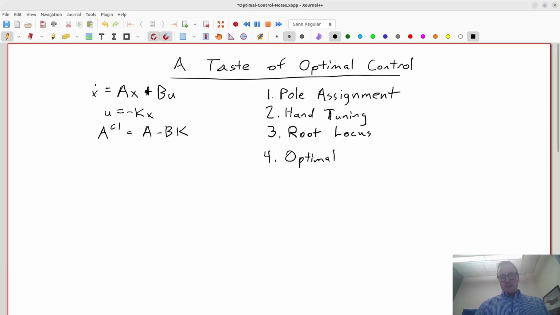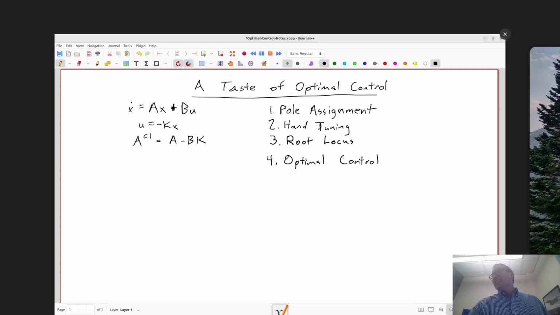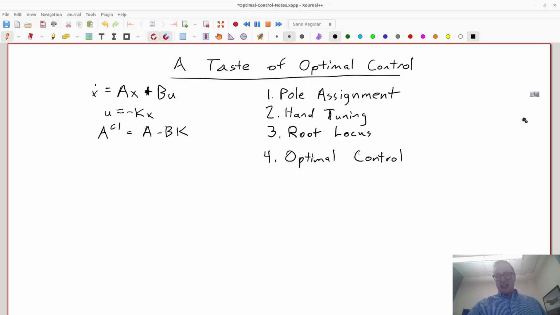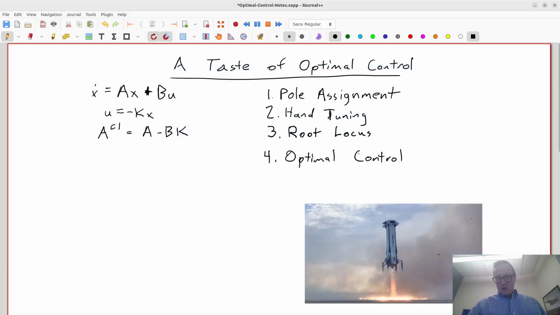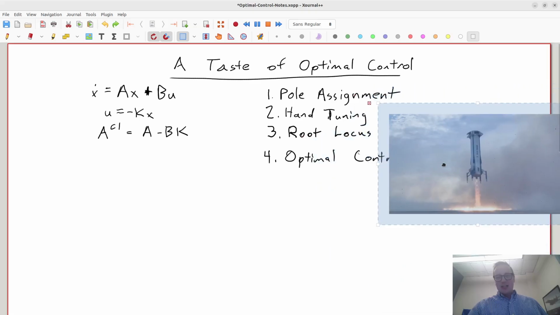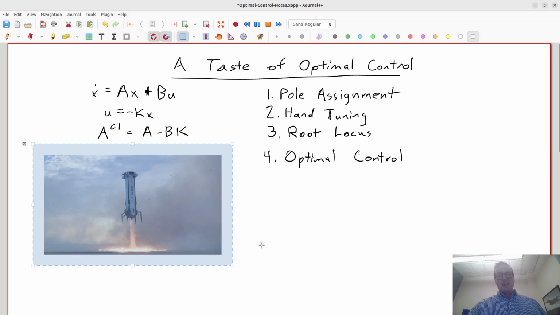And this is a pretty powerful technique if you want to do something like land a rocket booster, like Blue Origin is doing in this picture, where you have some very important constraints, like you can't crash, you can't hit the ground, and you want to calculate precisely what the control should be to accomplish this. Then you're going to want to use techniques from optimal control. And these are the kind of techniques that these engineers actually use for this.